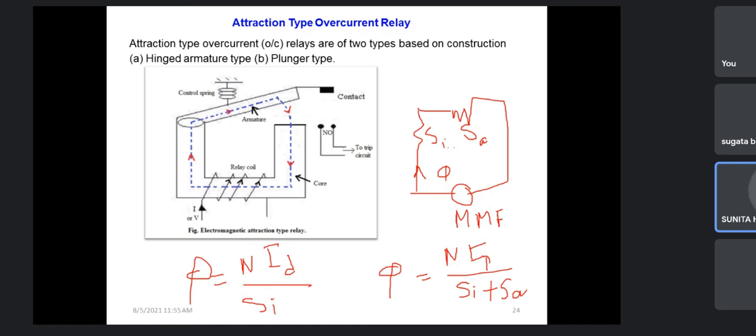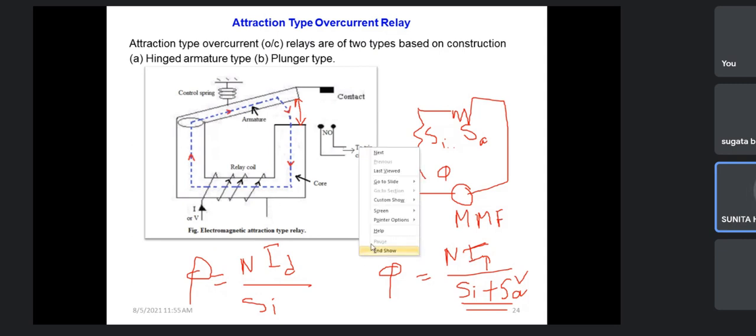Now when there is a pickup, then obviously there is an air gap. If this relay has to overcome this air gap reluctance, that means then it will be operated. So to produce the same amount of phi to operate, this current requirement is more.